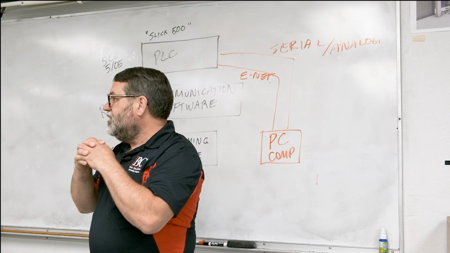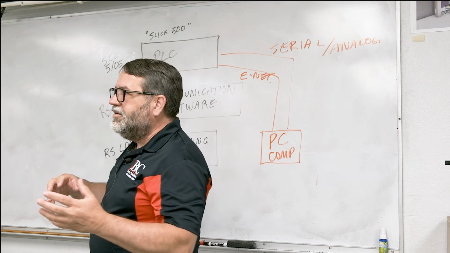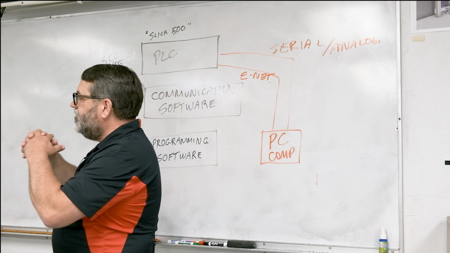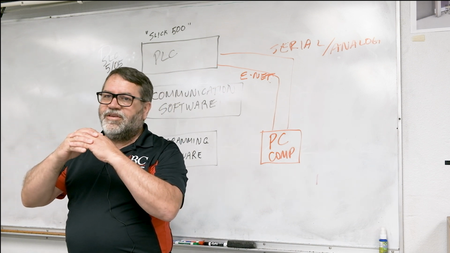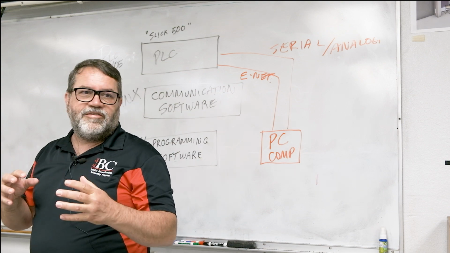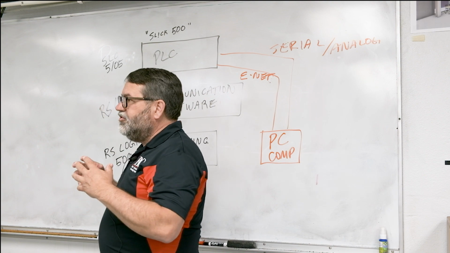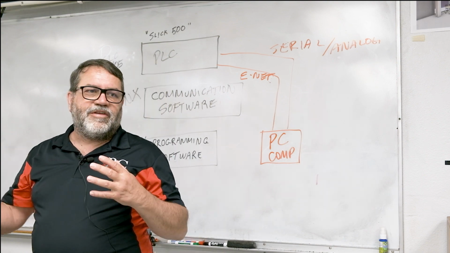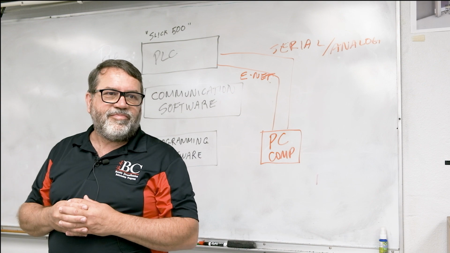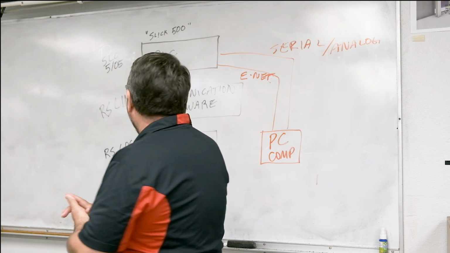And when your computer goes to sleep and then you log back in, it's still going to have that connection, but you can't always see that connection, especially if someone else logs into the computer. The previous connection is still there, and you can't make a new connection because it can only have one connection. So the best thing to do is always reboot your computer before you get started.